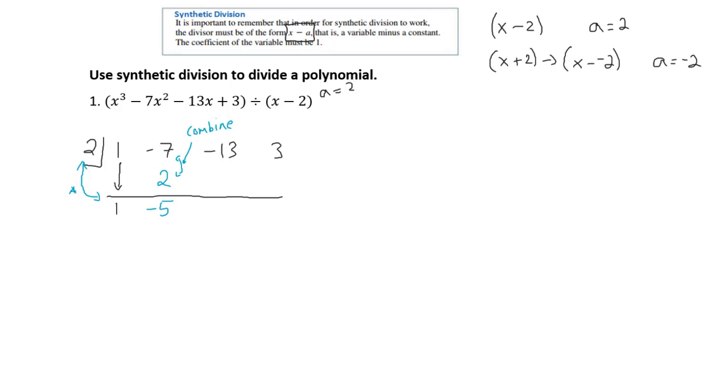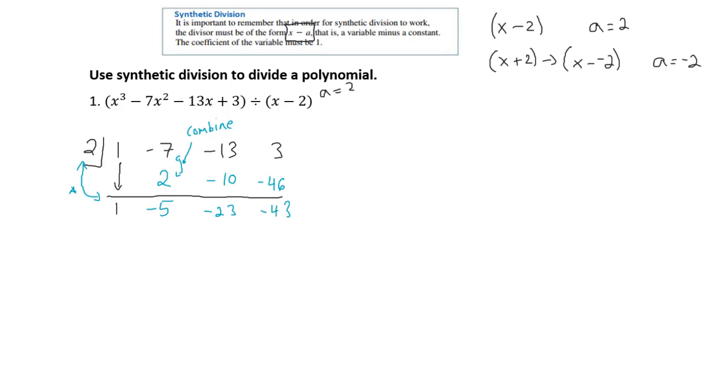And then you multiply again. 2 times -5 is -10. Combine these two numbers and you get -23. Multiply again and you get -46. Combine and you get -43.